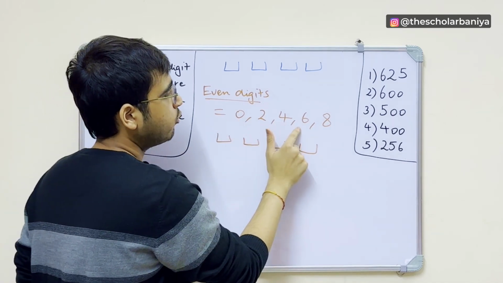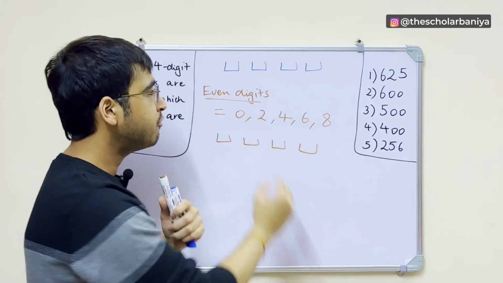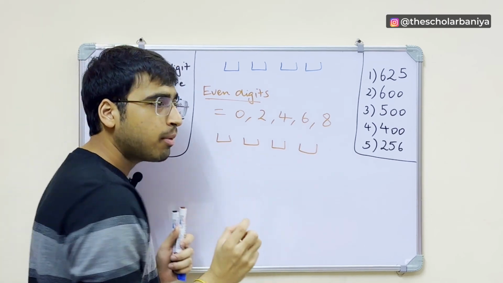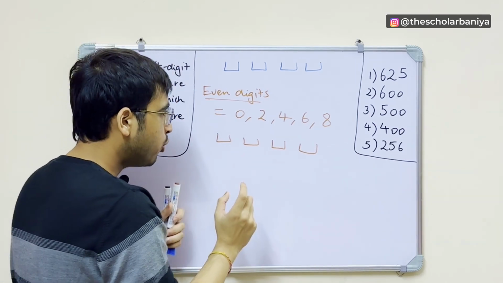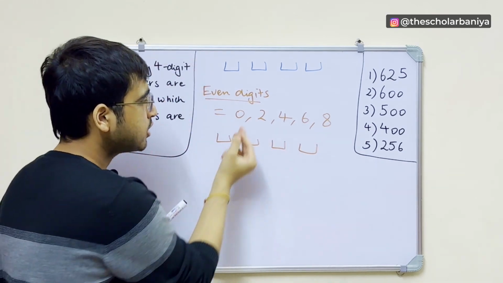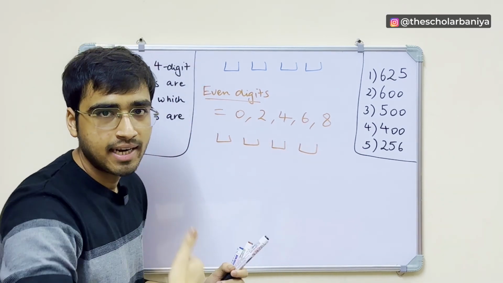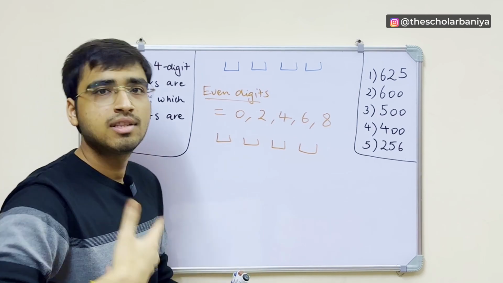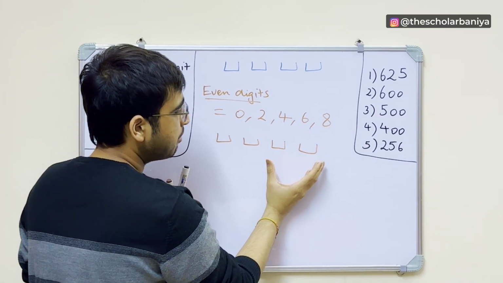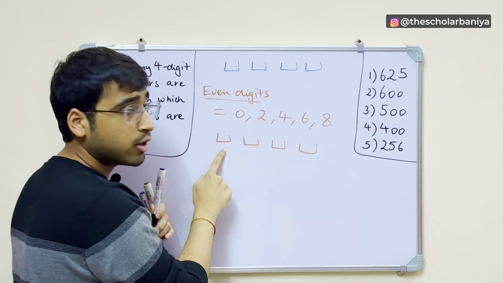There are total 5 different even digits. But for the first place, I can only put 2, 4, 6, 8. Why? Because obviously I cannot put 0 in the beginning, otherwise it will become a 3-digit number. Because I have to make it a 4-digit number, obviously 0 is not possible over here.